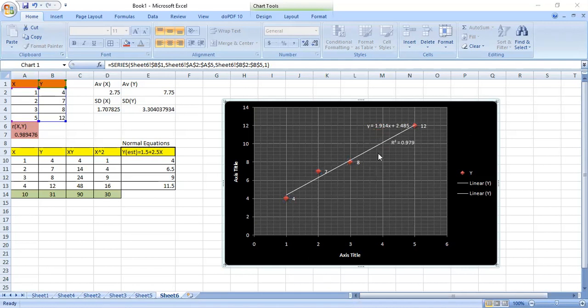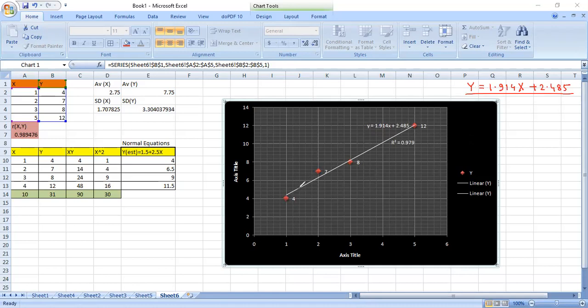I'm writing it clearly. The regression equation that has been obtained here is y is equal to 1.914 x plus 2.485. This is the regression equation that has been obtained.